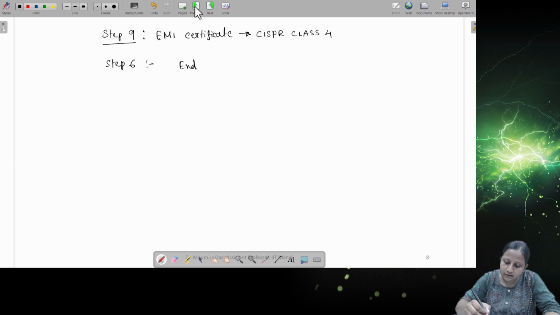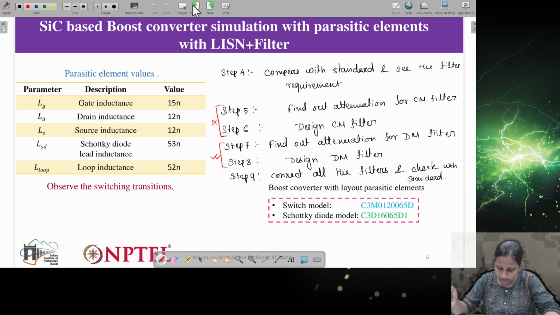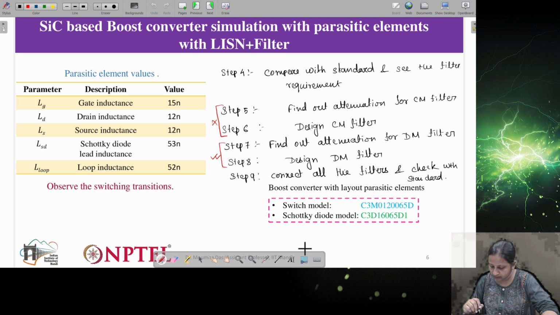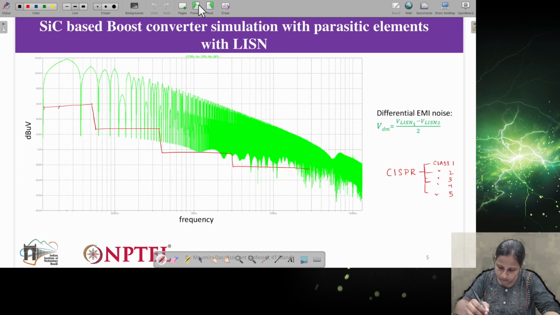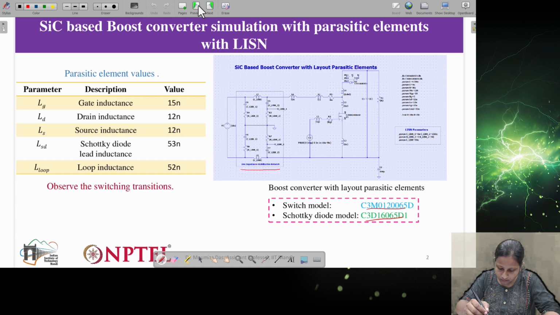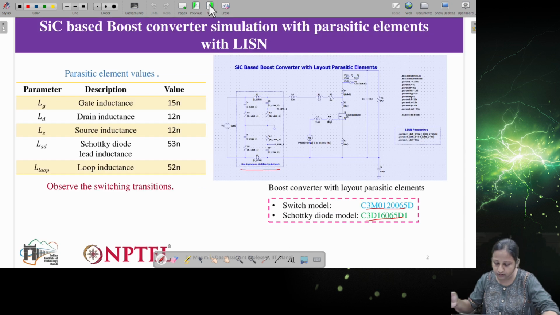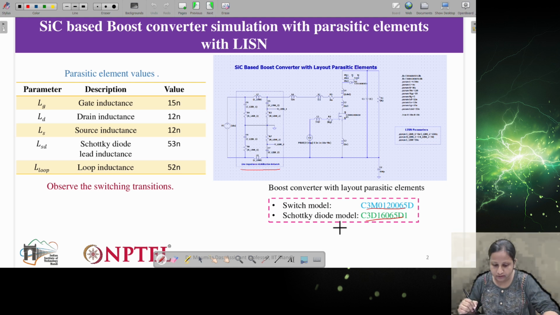So here you can see the switching frequency we have given. We can actually see in the simulation how much it is selected, so we can go into the simulation again.